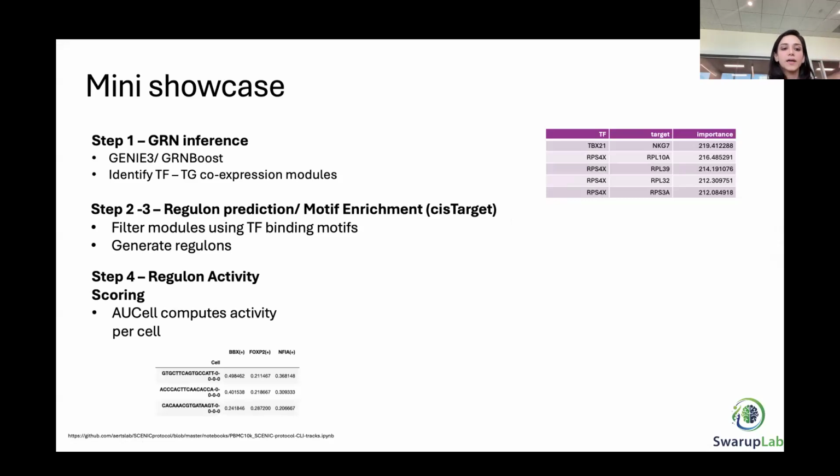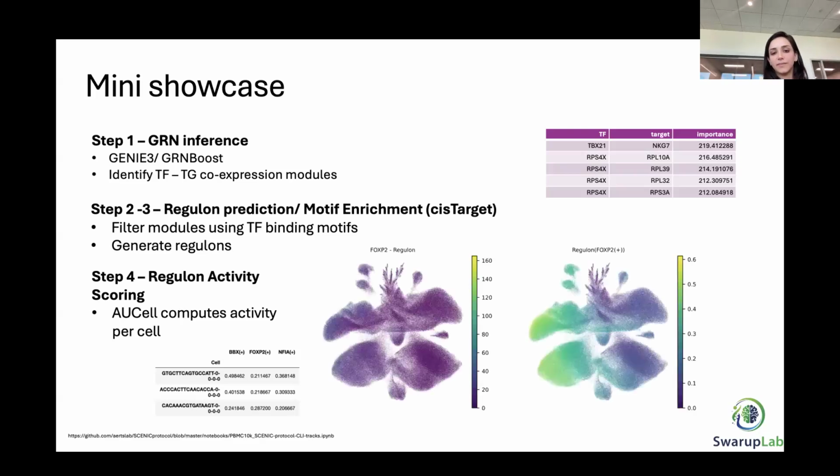At the last step, we measure an AUC score that shows how those target genes together are activated by the transcription factor. You don't have to make sense of it a lot, but you just have to know that the higher that activity score is, it means that those genes are more acting in concert in response to that transcription factor.